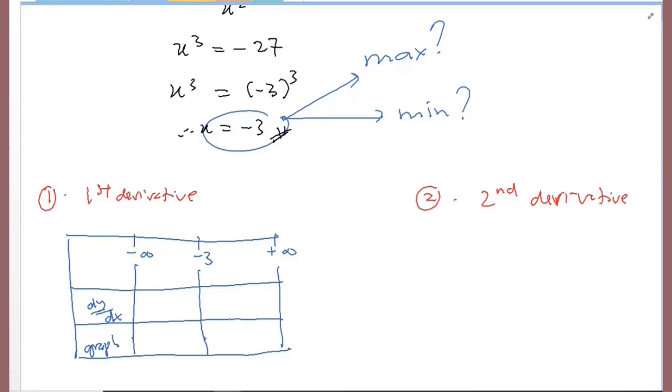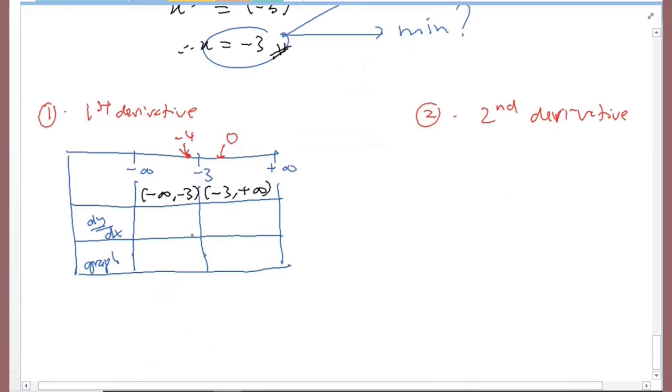Here we have negative infinity to negative 3, and negative 3 to positive infinity. Take one number here and here. Here it is easy, let's say 0. For the other, negative 4 rather than negative 3.1, okay, 4.